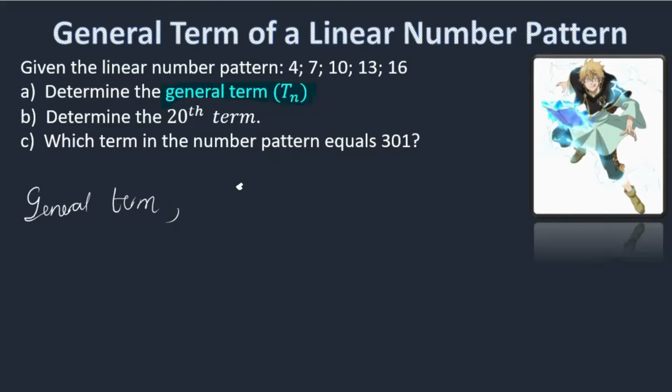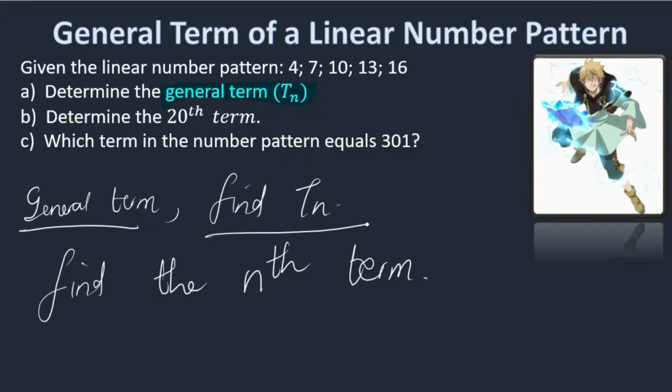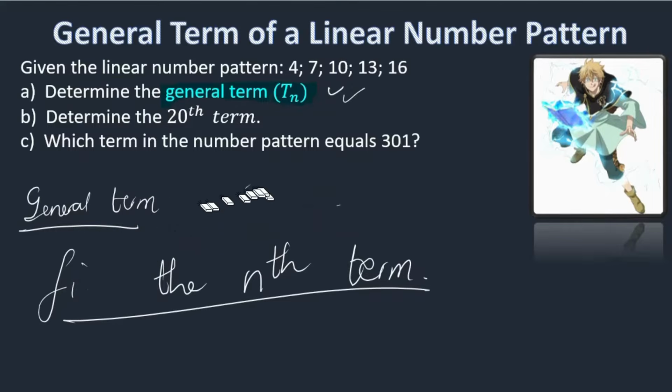Sometimes they can say they want you to find Tn, or sometimes they can say find the nth term. So this is the same thing. They can ask you the question this way and say find the general term, or find Tn, or find the nth term. Whichever way it comes, you should be able to answer it because it means the same thing.